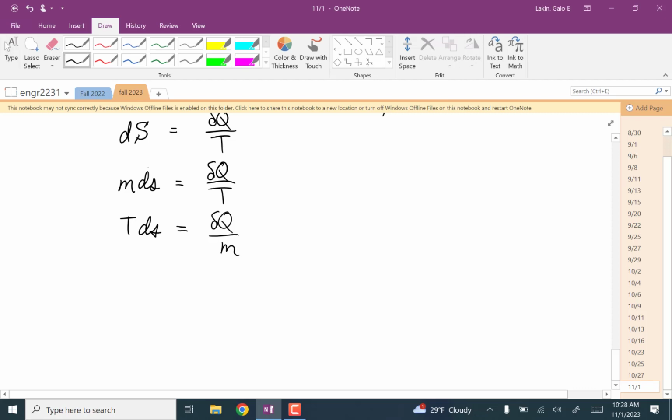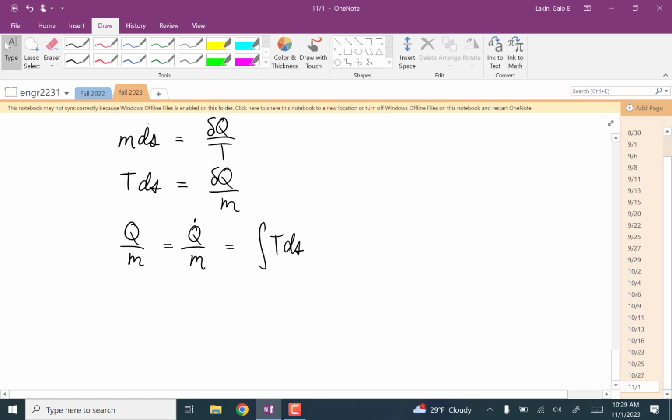Now you can integrate both sides of these, and you get q over m, which we know can also be written as q dot over m dot, is equal to the integral of T ds.